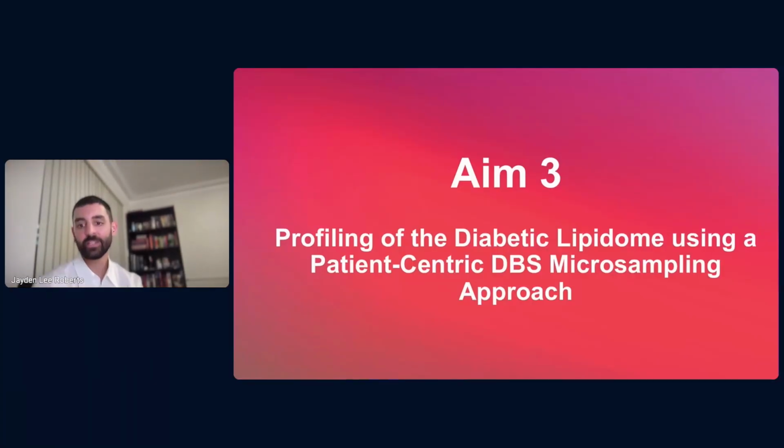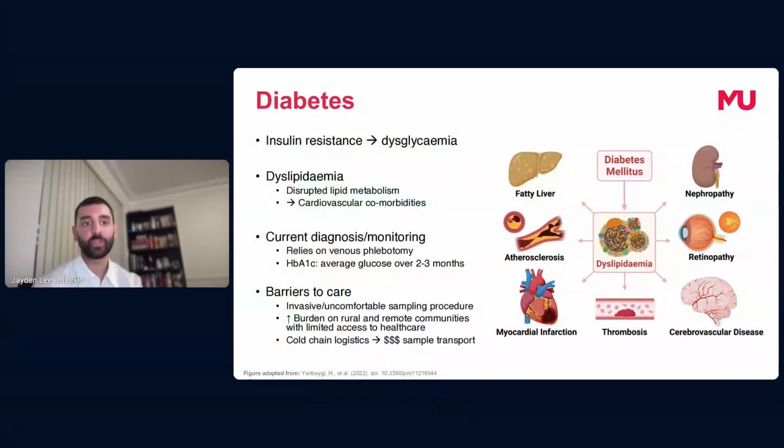So to begin with, just as a little bit of background on the biology of diabetes, it's a chronic cardiometabolic disorder. It affects over 830 million individuals worldwide and is characterized by acquired insulin resistance, which leads to disrupted glycemic control and dysregulated lipid metabolism.